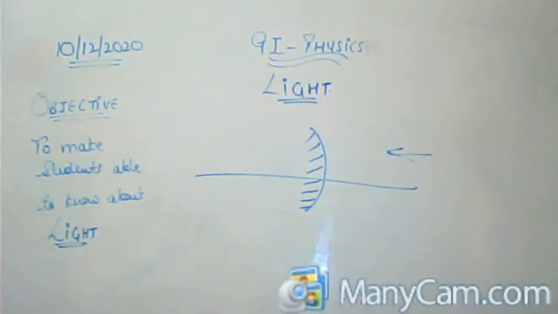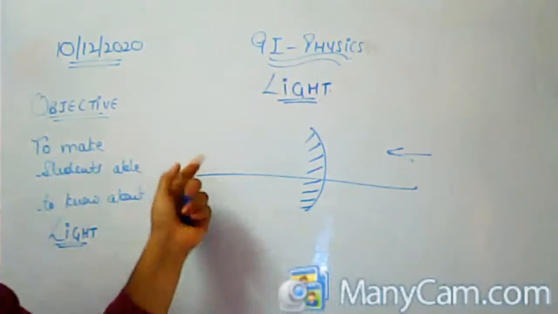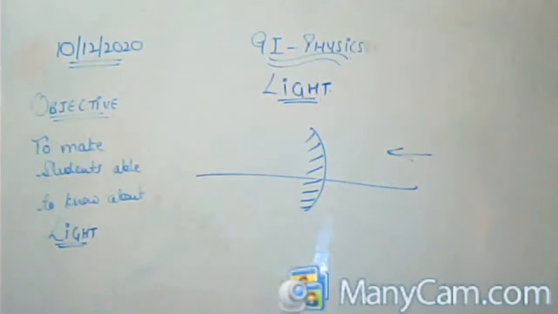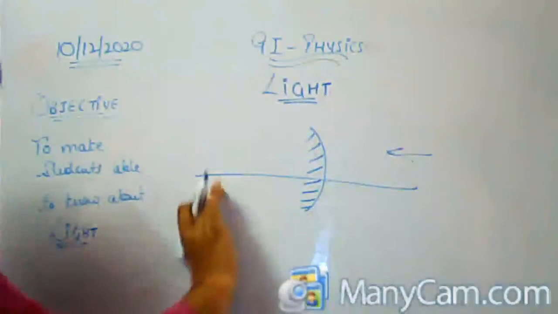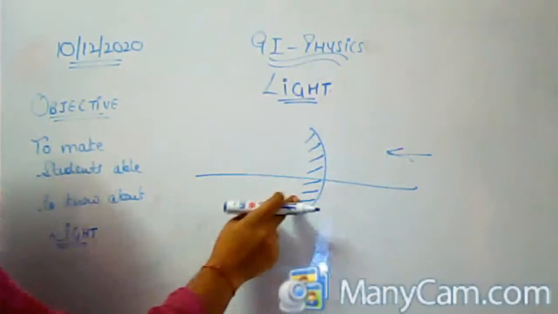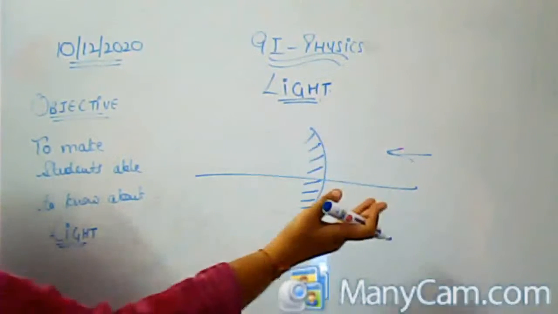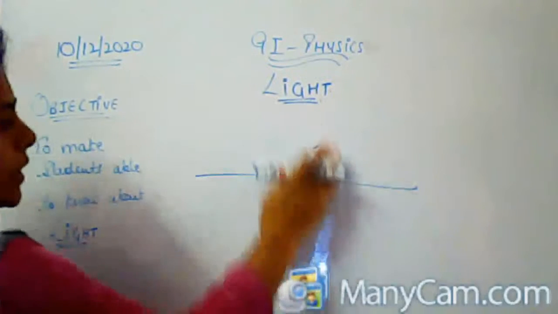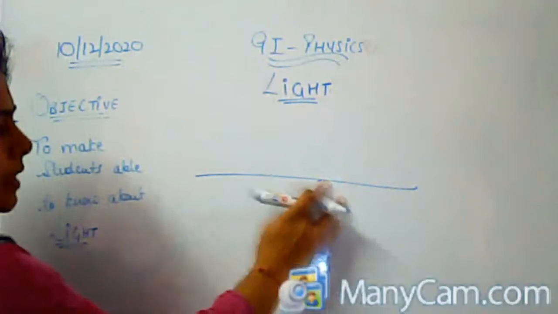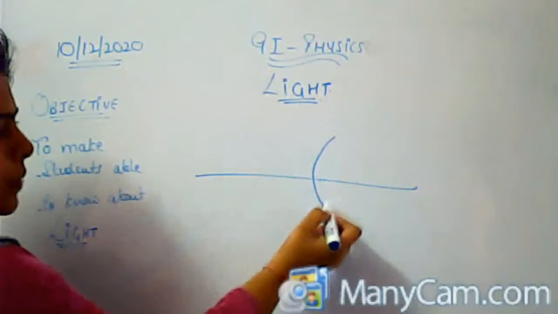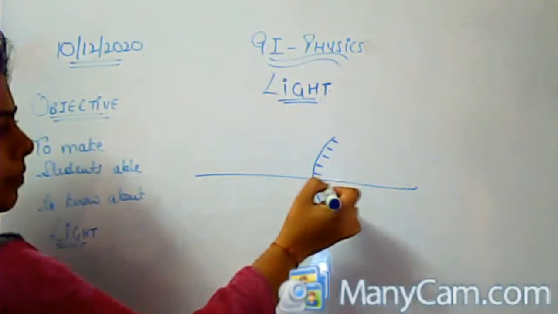But as a rule we have done that rays will always be from the centre, left hand side. Fine. तो हम क्या करेंगे, ये जो रिफ्लेक्टेड साइड को इधर रखेंगे और ये जो पॉलिश साइड है we keep it on the other side. So how we are going to have this mirror, just we are going to have the convex mirror, but the placement is going to be like this. Okay.